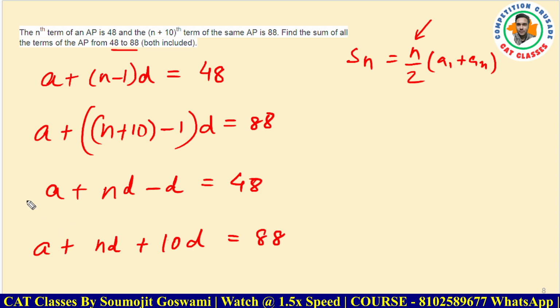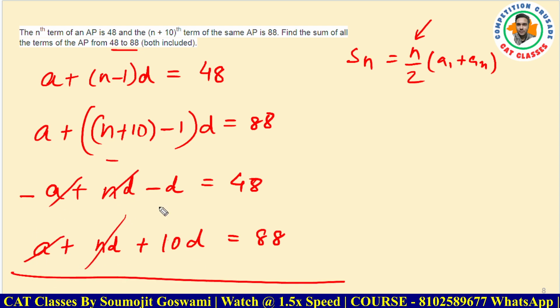So let's just subtract this from this. What I will typically get is a will get eliminated, nd gets eliminated, and remember this will get added. So this is 9d, because 10 minus 1 is 9, 9 plus 1 is 10d. 10d is equal to 88 minus 40, that is 48.